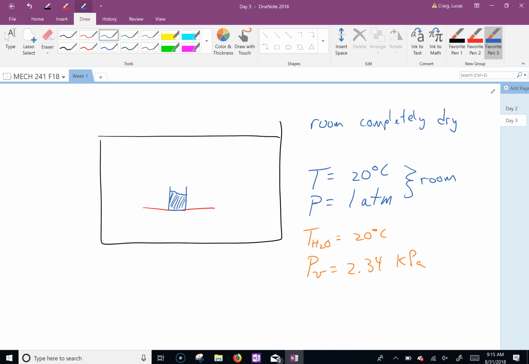So the room is at 20, the water is at 20, the pressure is 1 atmosphere, and this vapor pressure is of the air in the room. So vapor pressure is all it's telling you, how much water vapor the air can hold. And it's all based on temperature.